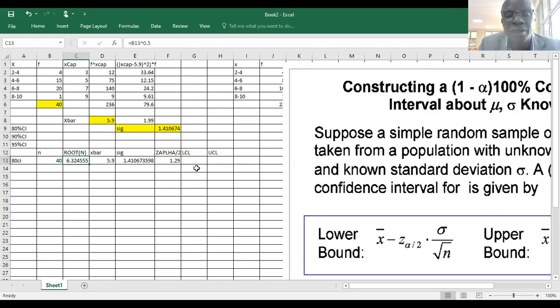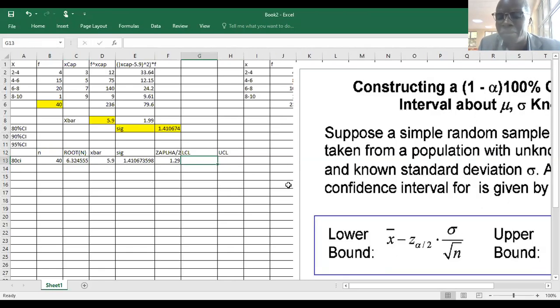So I'll come here now, the lower limit. The lower limit is X bar minus this times that. I'll come here, bracket, X bar is here, minus Z alpha over 2, which is this one, times sigma, which is that one, divided by root n.